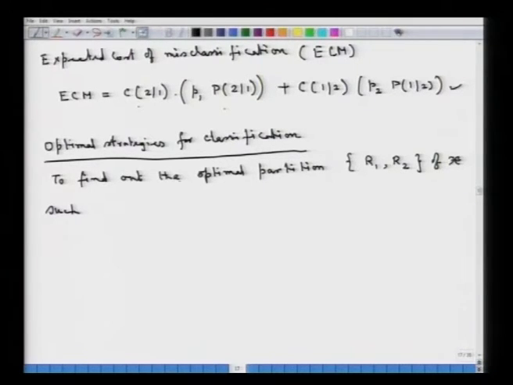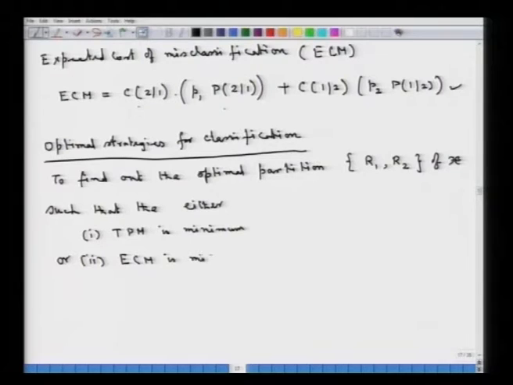So, we are looking at this optimal partition R 1 R 2 of x, such that, let me write it one by one, we have either of the two approaches, either this TPM, the total probability of misclassification, is minimum, or we can look at an alternate approach and say that our objective would be to minimize the expected cost of misclassification.